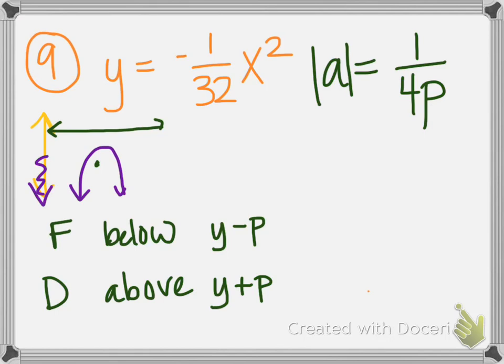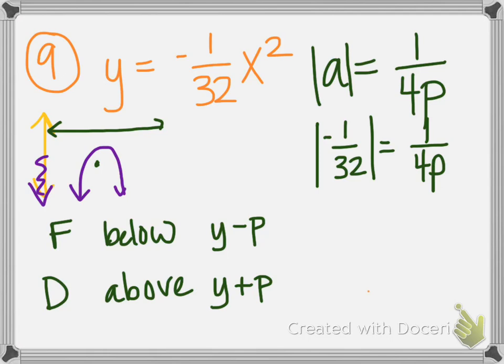So I'm going to do the absolute value of negative 1/32 equals 1 over 4 times P. Now, the absolute value is just going to make the negative 1/32 positive, and that equals 1 over 4P. Now, to solve this equation, we do something called cross multiply.